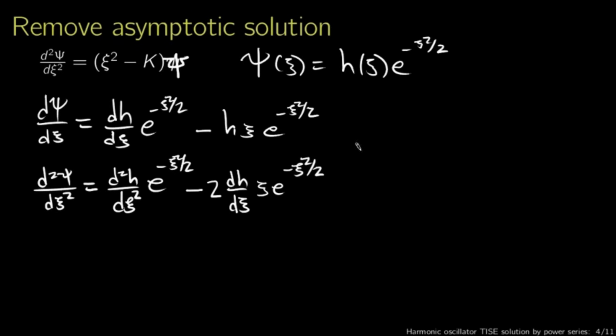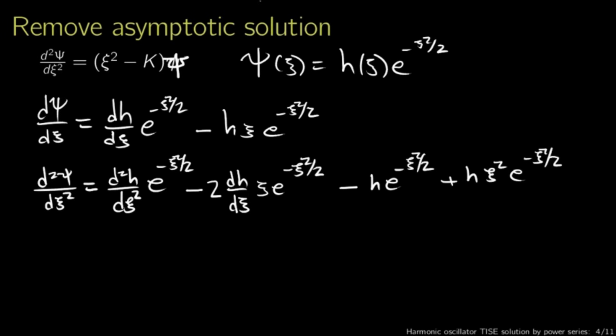The other 2 terms: when the derivative hits the xi here, it's just going to eliminate the xi, and we're going to be left with h e to the minus xi squared over 2. And when the derivative hits this term, we're going to bring down effectively another minus xi. So we're going to have plus h xi squared e to the minus xi squared over 2.